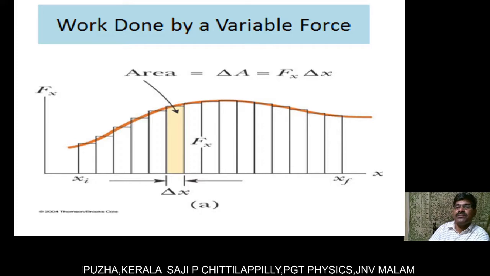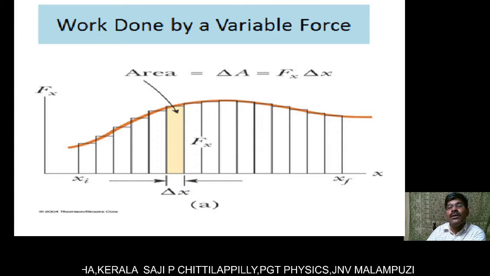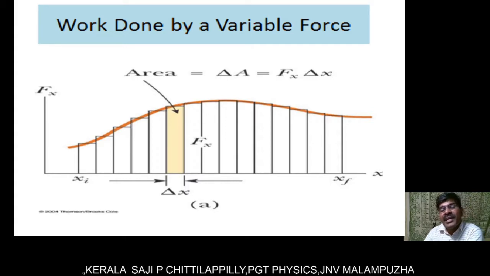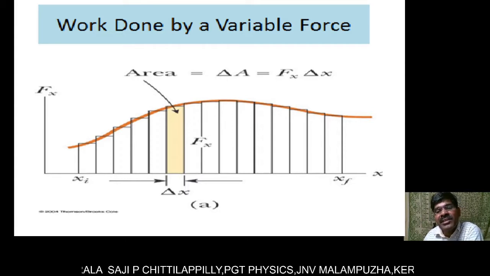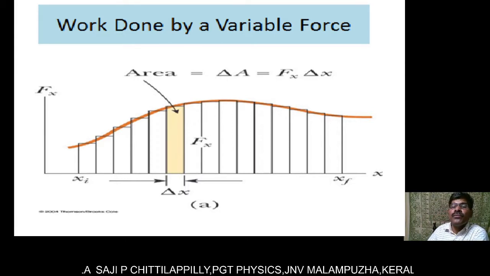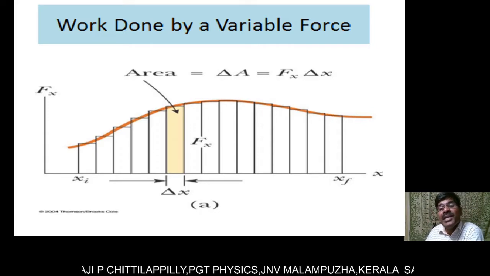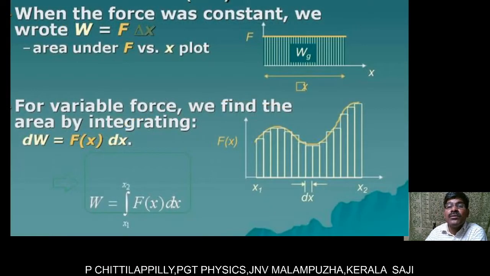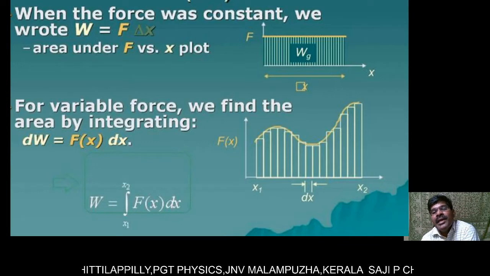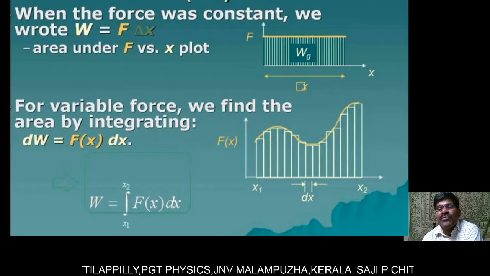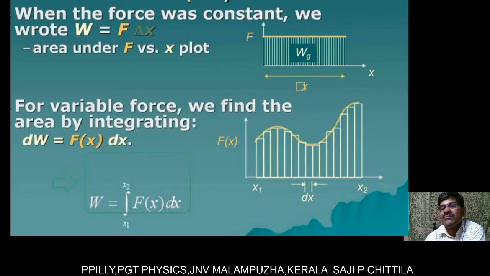If delta x is tending to 0, limit delta x tending to 0, sigma i equal to 1 to n of Fi delta xi. Mathematically, we write like this: integral xi to xf, or x1 to xn, F of x dx.